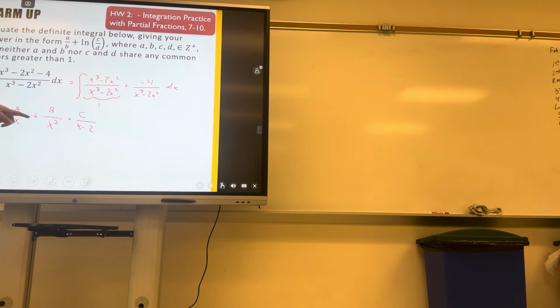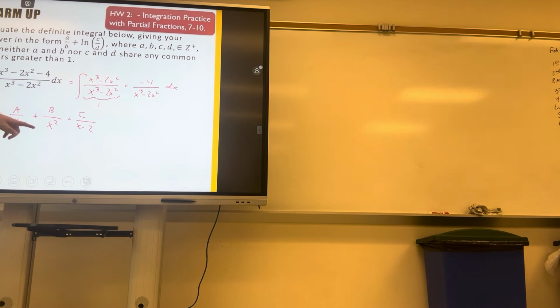This is the one exception where you don't follow the rule that the degree of the numerator is 1 below the degree of the denominator, because technically this is degree 2 and this is degree 0. But when you are accounting for repeating factors, that doesn't change your setup of the numerator. The only time you have a different numerator setup is what we're going to do today, where you have a quadratic that can't be broken down any further, right?